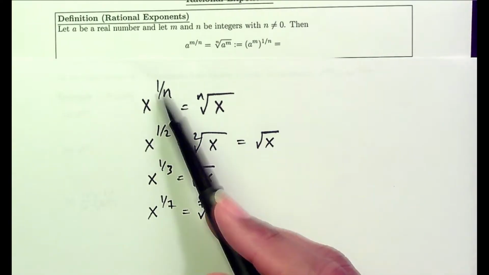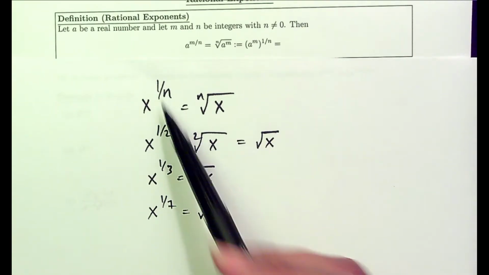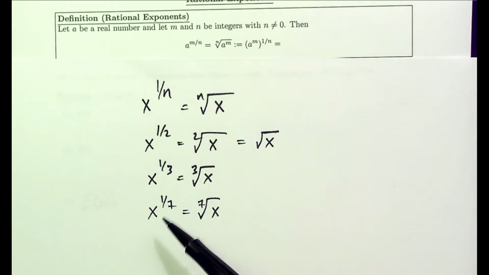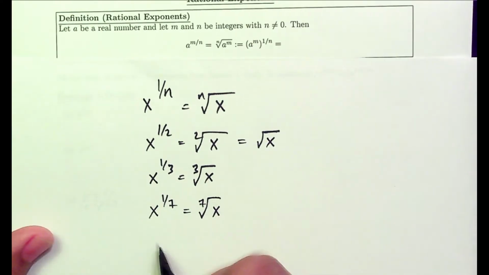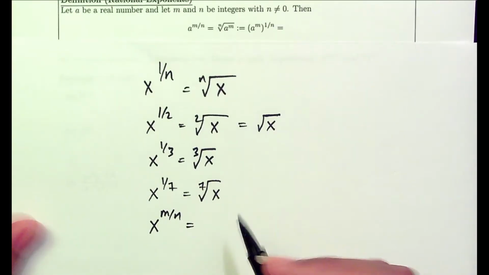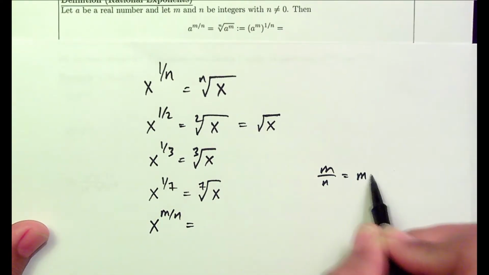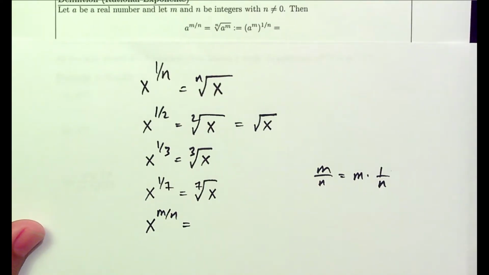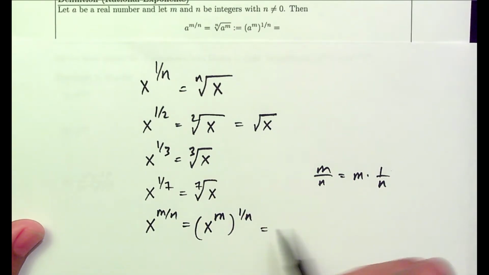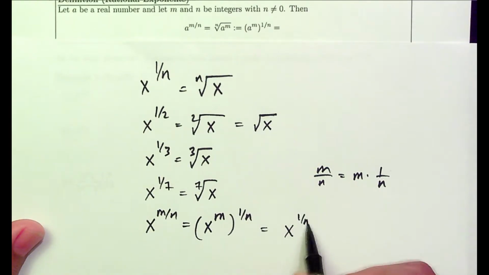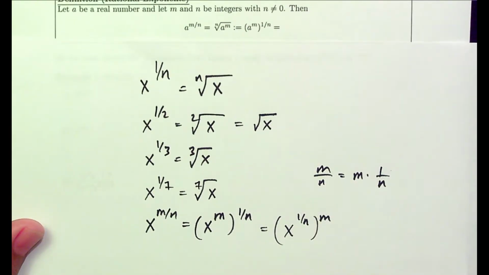So we know what it means for an exponent to be a fraction when the fraction is of that form. In general, when the fraction is of the form m over n, what does that mean? Well, using the laws of exponents, because m over n is really the same as m times 1 over n, we can say that x to the m over n is the same as x to the m first and then find the nth root, or you can find the nth root first and then raise it to the m power.